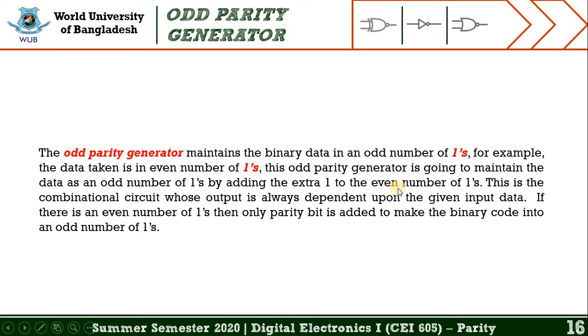This is a combinational circuit whose output is always dependent upon the given input data. If there is an even number of ones, then one parity bit is added to make the binary code into an odd number of ones.